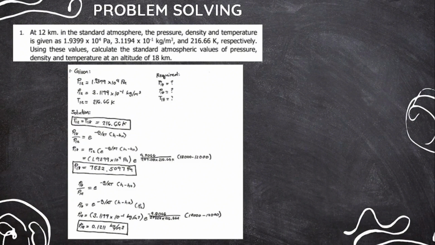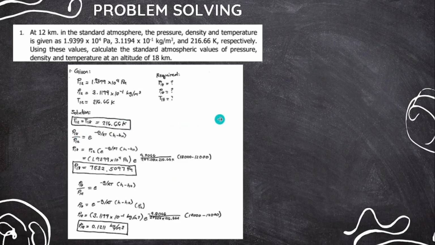Since we are using Kelvin, we will use 216.66 Kelvin. We are not going to find the temperature since it is constant. First, we are going to find the pressure at 18 kilometers.